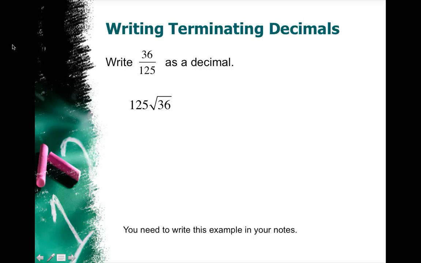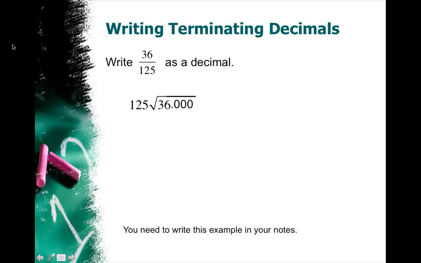Obviously, 125 cannot go into 36, so we need to add a decimal point and some zeros. Now, if we look at our fraction, 36/125ths is smaller than the number 1. So our answer in decimal form should be less than 1, which means it's going to be just the decimal expansion, the numbers past the decimal point.